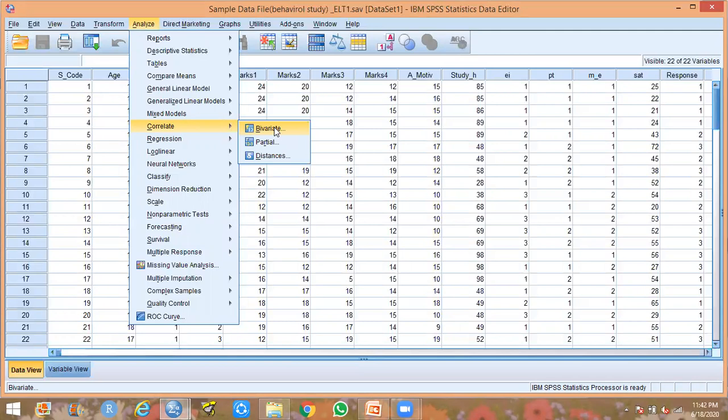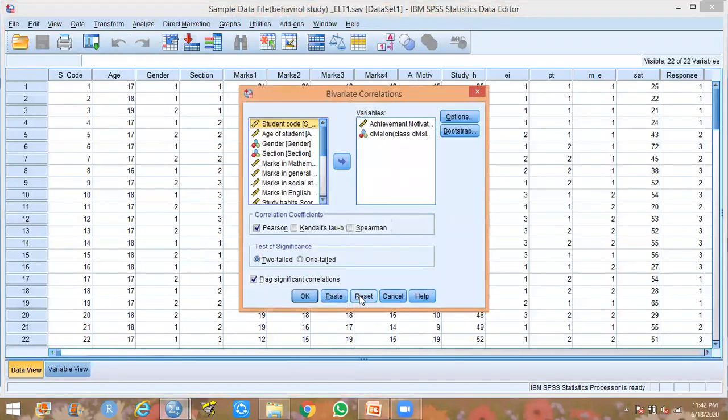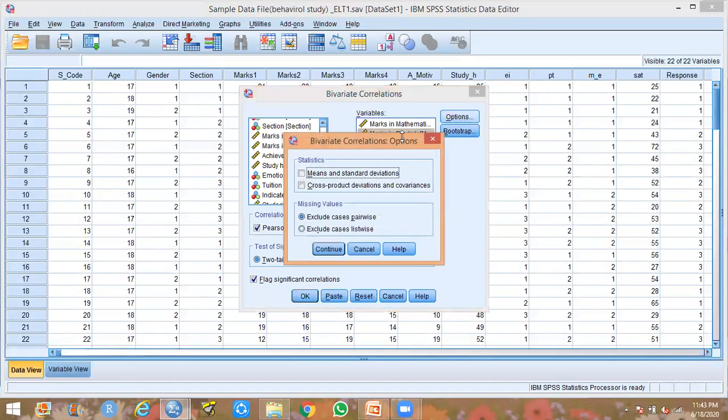Just reset, because earlier we did achievement motivation and division, academic performance. Now reset your variables. Now I am taking marks in mathematics as my first variable, and my second variable is marks in English. Now our wish is to test the relationship between these two. Again I am taking the means and SDs.